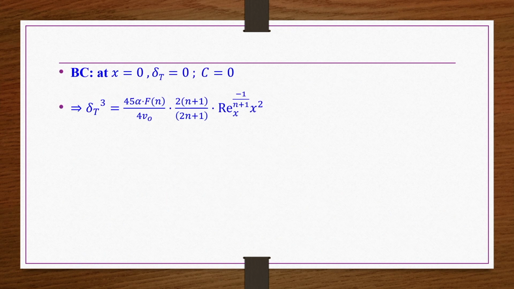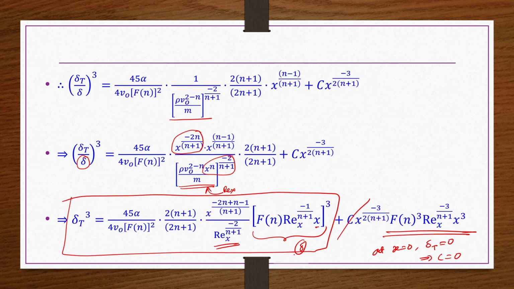When you do that, combining these x terms, x power 3 and then this x power minus 1 minus n by n plus 1 and then this plus 3, when you combine it you get x power minus 1 minus n plus 3n plus 3 by n plus 1.